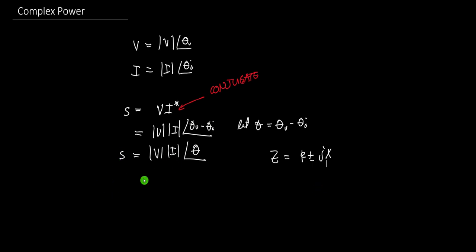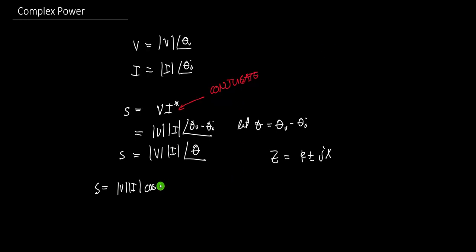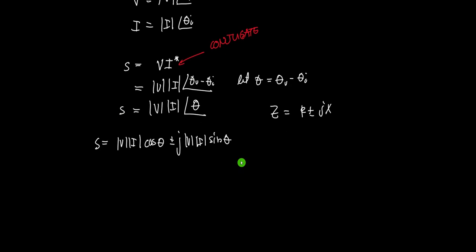S will be equal to the product V times I multiplied by the cosine of the angle, cosine theta, then plus or minus j, times V times I multiplied by the sine of the angle theta.